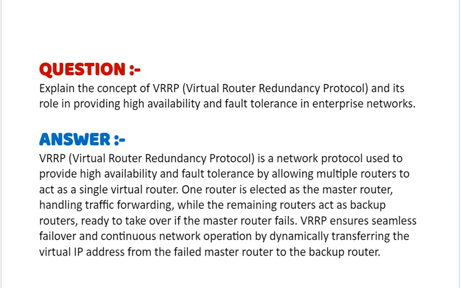One router is elected as the master router handling traffic forwarding, while the remaining routers act as backup routers, ready to take over if the master router fails. VRRP ensures seamless failover and continuous network operation by dynamically transferring the virtual IP address from the failed master router to the backup router.